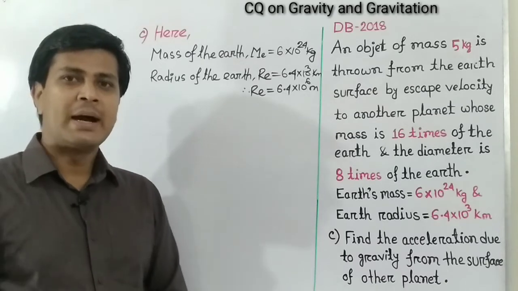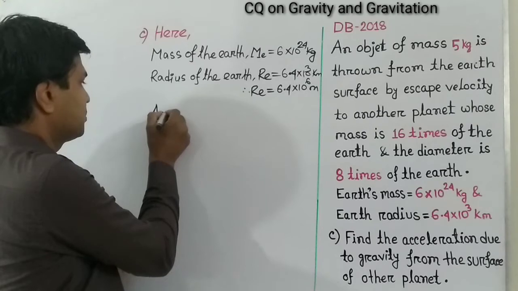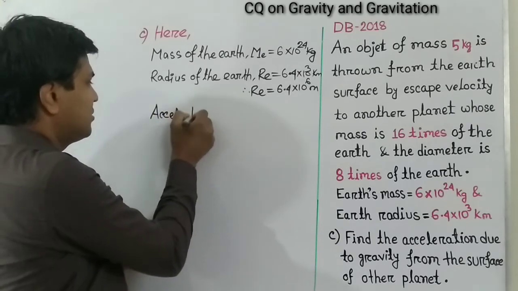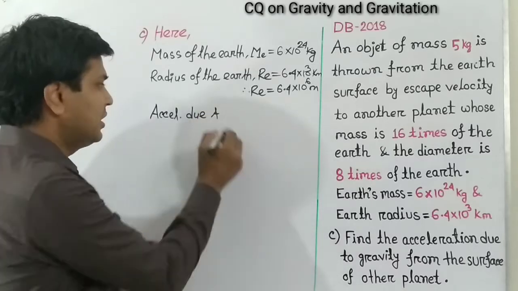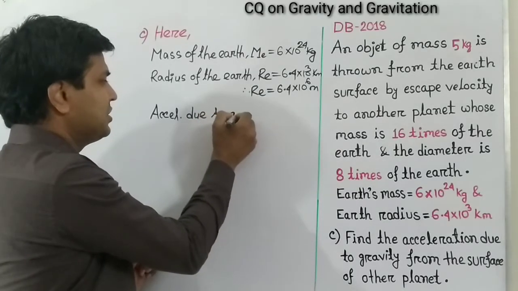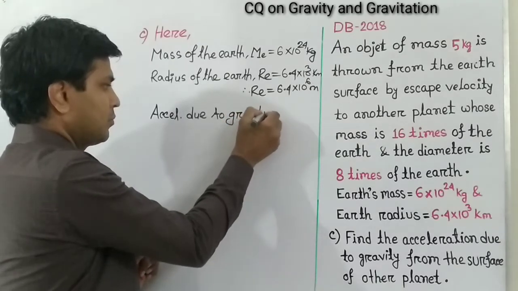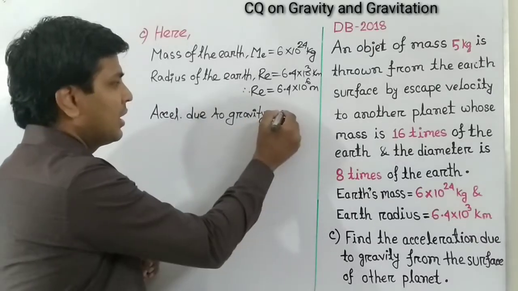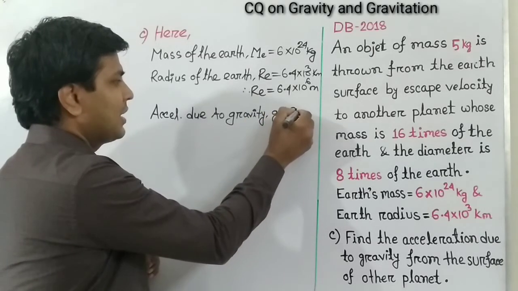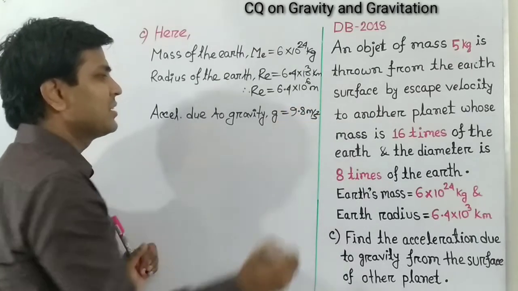And here we know the acceleration due to gravity, which is denoted by g, and whose value is 9.8 meter per second square.